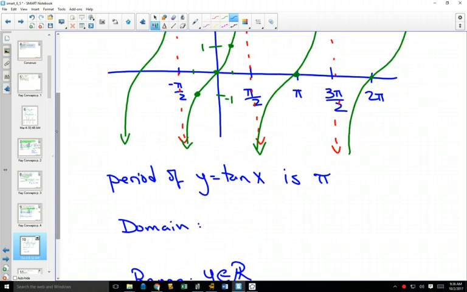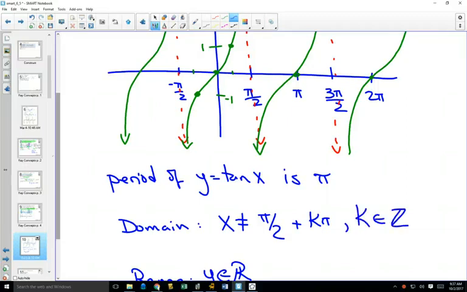And so for our domain, we can just say the values that x can't equal. Can you see that your non-permissible values are the same place where your cos had zeros? So you can write it, pi over 2 is one of the ones that x can't equal, and then plus k pi. So if you use that one or the odd number one, that would be fine.